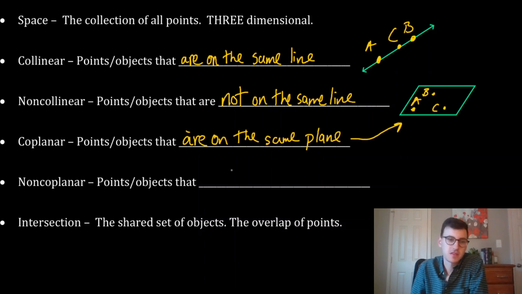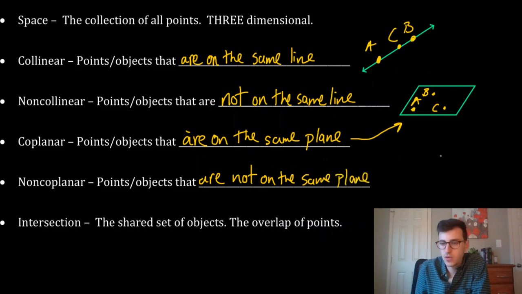And let's talk about this with non-coplanar, right? These are points or objects that are not on the same plane. So let's throw a little wrench in this, right? What if I put a point down here below the plane, point D below the plane?